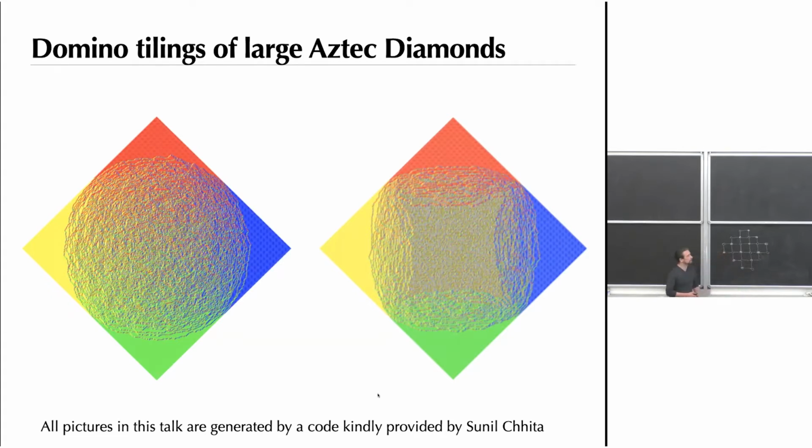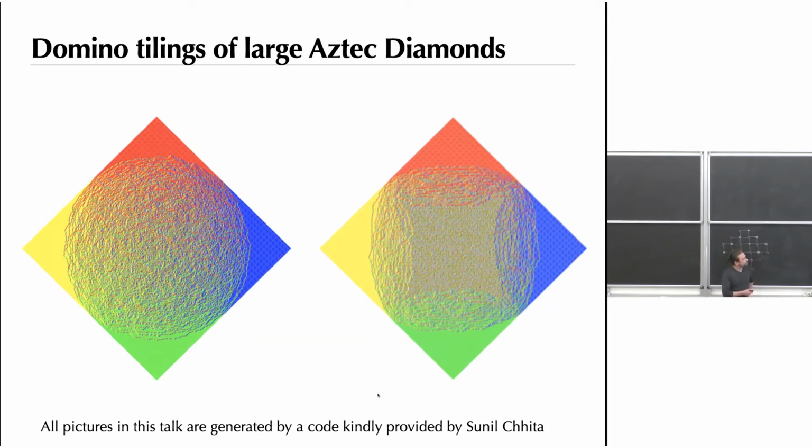The nice thing about this picture is that you get an Arctic curve. All the randomness is inside the circle, and we have very interesting fluctuations here for these models. So this is a classical model that we have been analyzing.